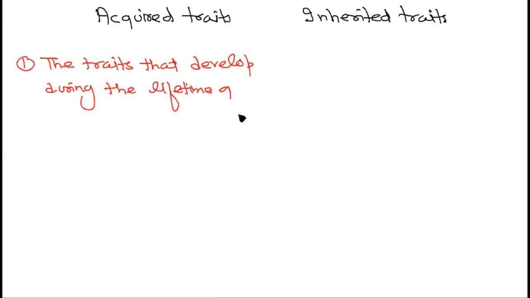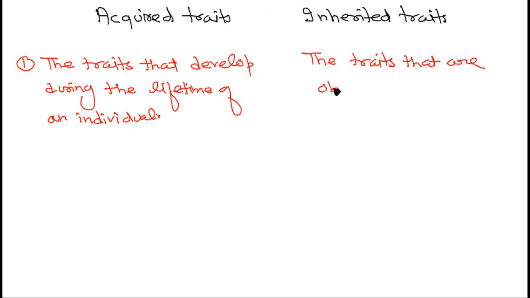And it will be vice versa for inherited: acquired traits are of an individual, while inherited are traits that are passed on.